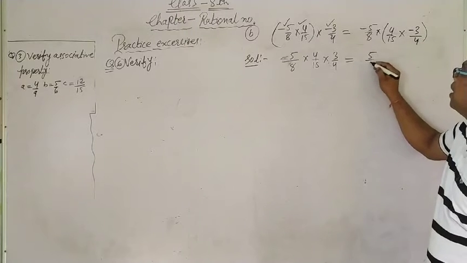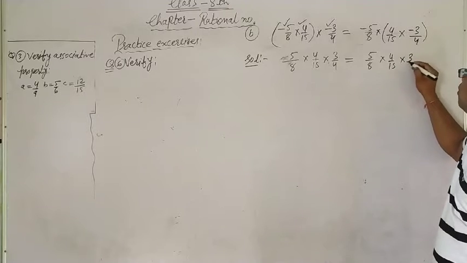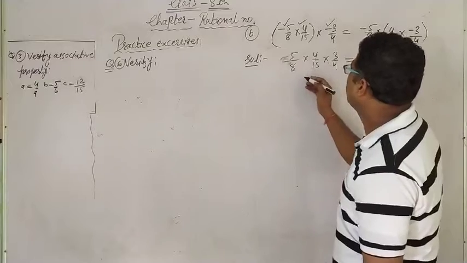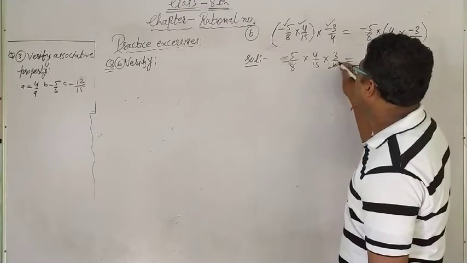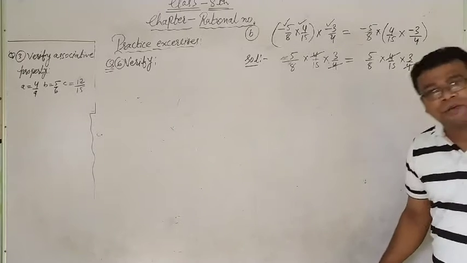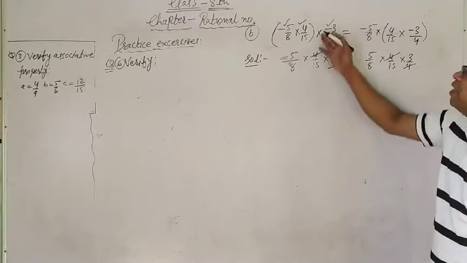So I am removing the minus sign, into 4 upon 15 into 3 upon 4. Solve. If we solve, 4 and 4 cut. We know that both will give me the same answer, that we can understand from here.